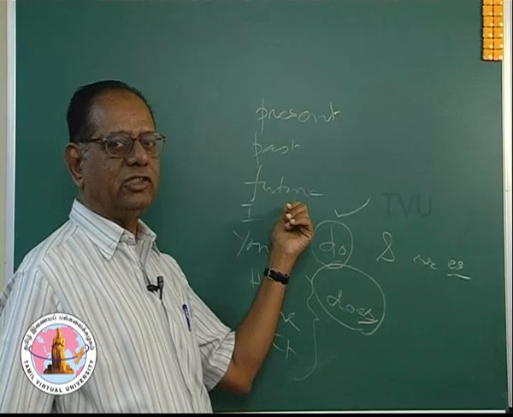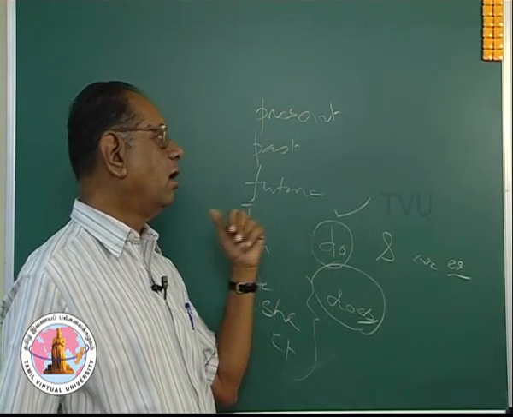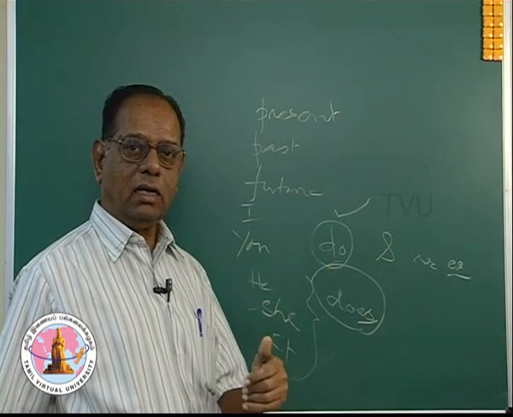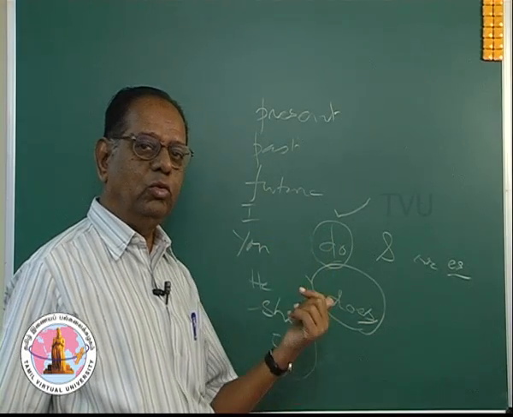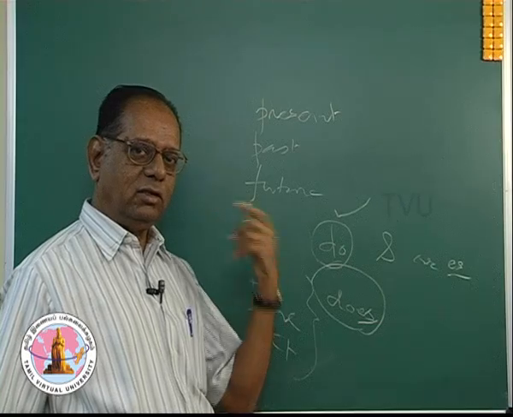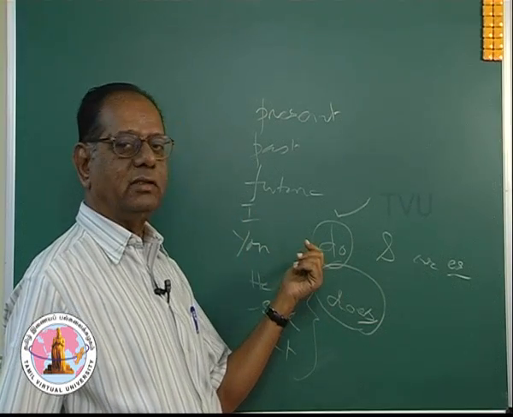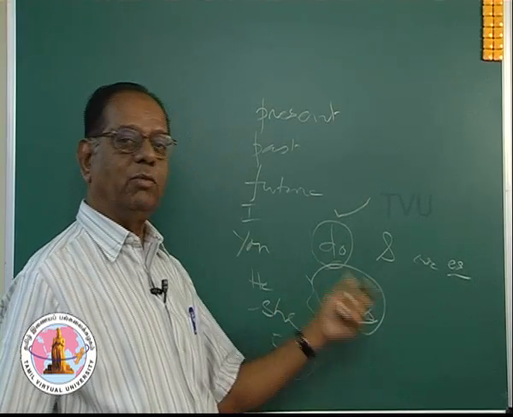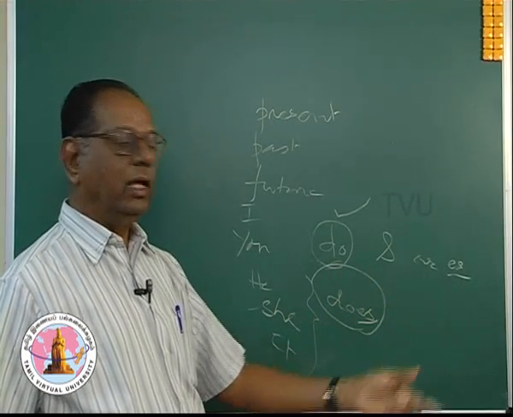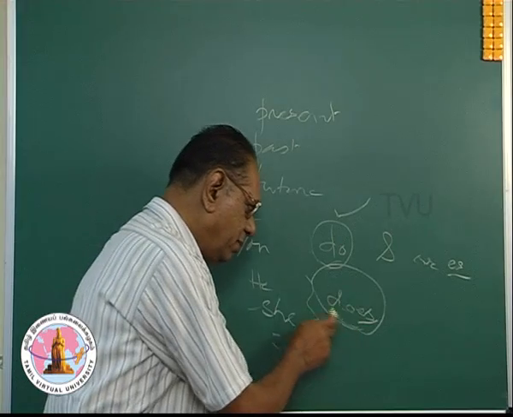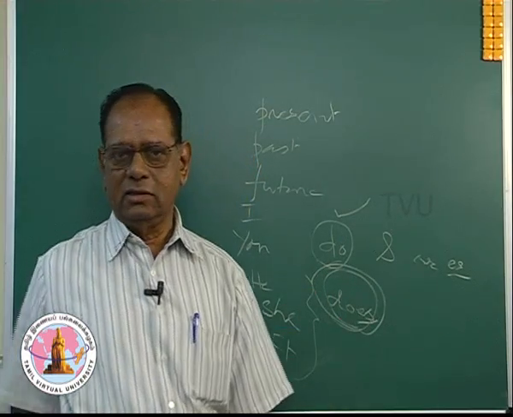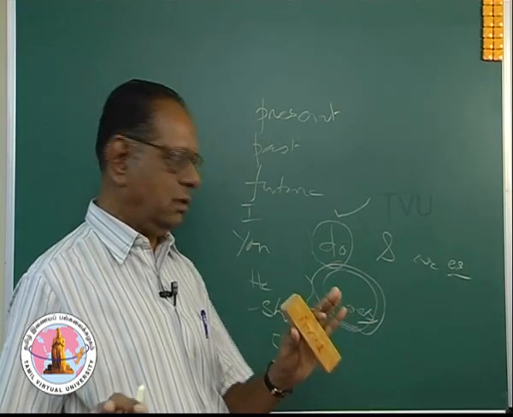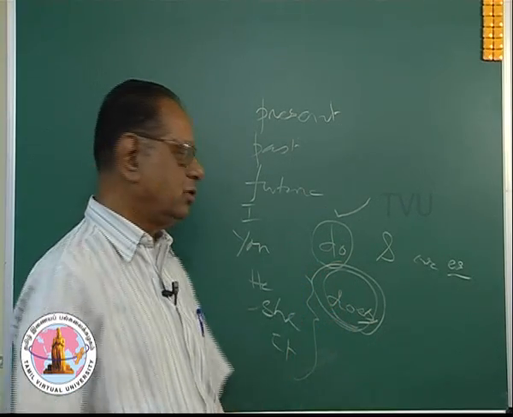It can be the first person I or first person plural we or the second person singular you or second person plural you and also third person plural they. So, the verb here does not indicate or give you any information about the subject.